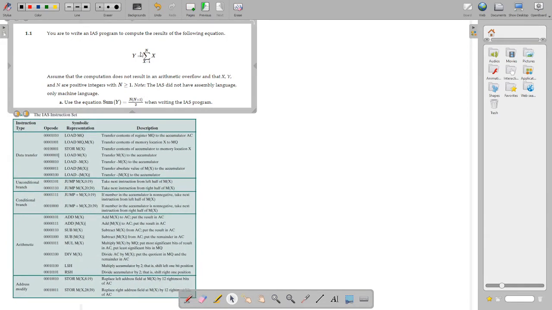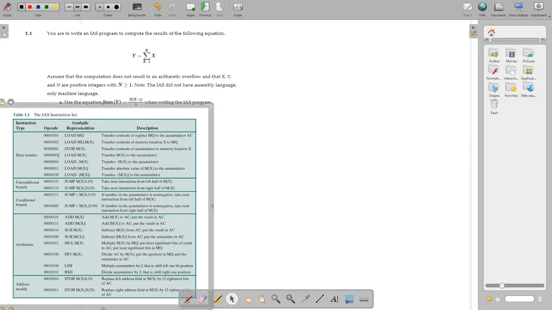If you remember, the way you can take the sum of integers, if you've taken discrete math, is 1 plus 2 plus 3 plus 4 up to n is equal to n times n plus 1 divided by 2 as a shortcut. So let's just try to evaluate this algebraic expression. What we have access to here is some opcode.